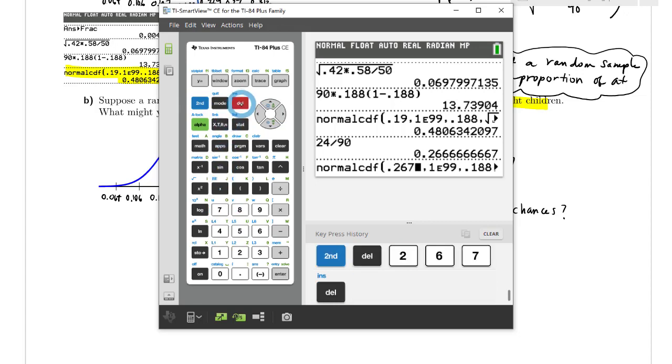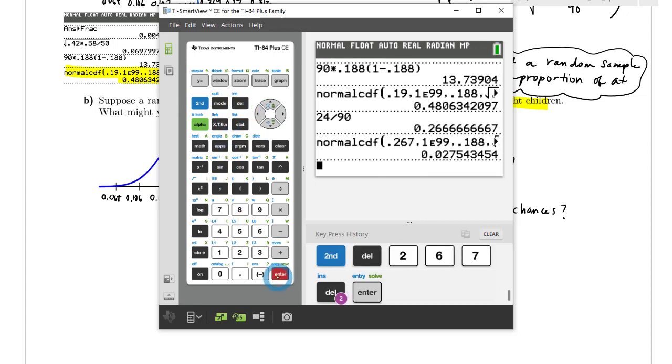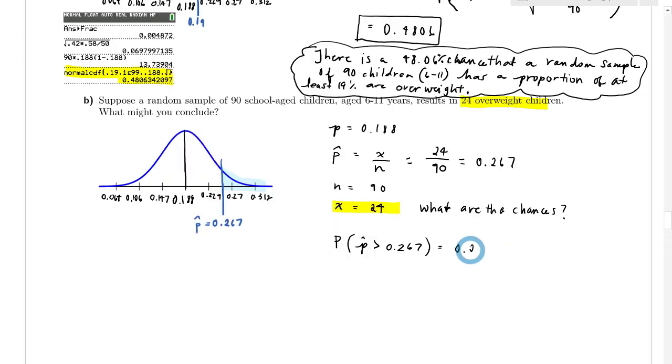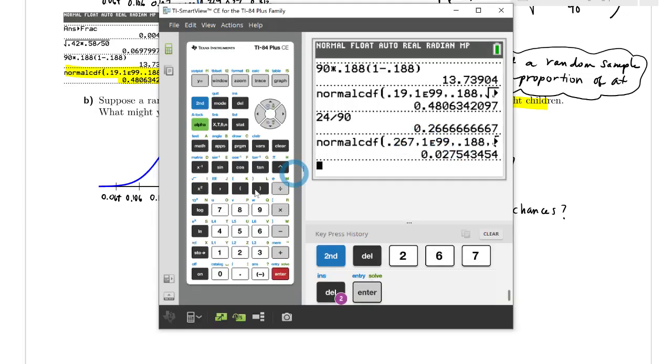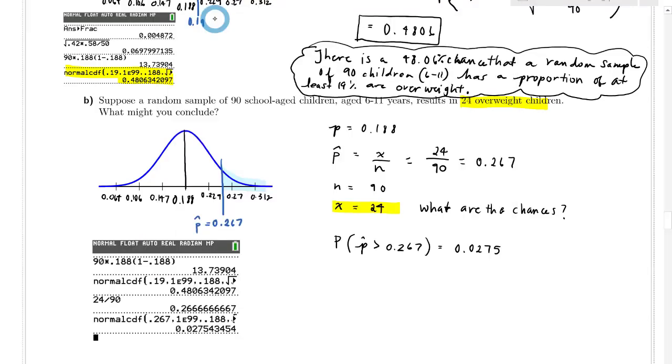And then I'll just delete those two. Enter. So we get 0.0275. Right, and then I'll go ahead and drag this over and highlight.